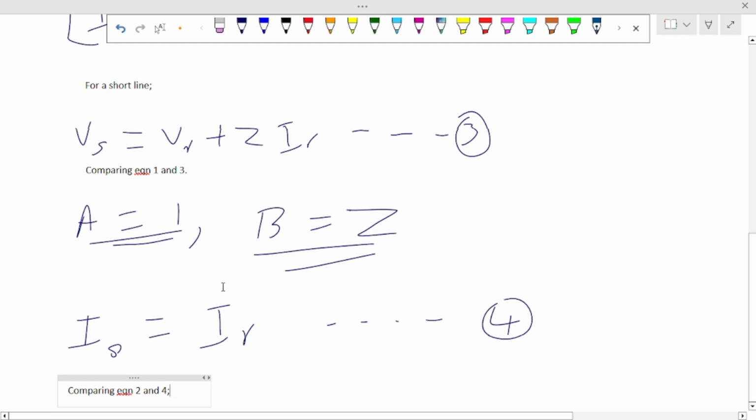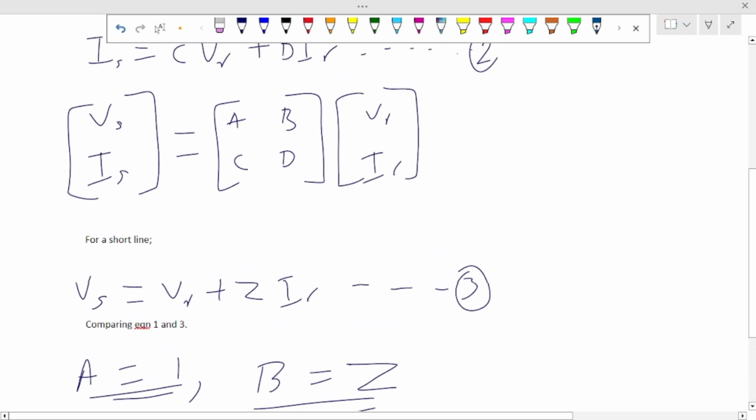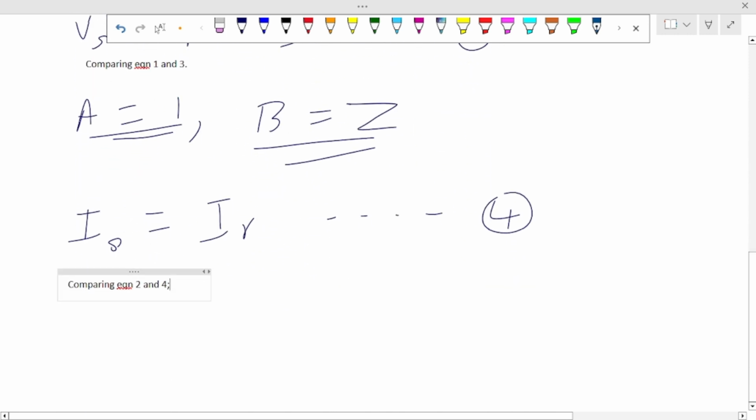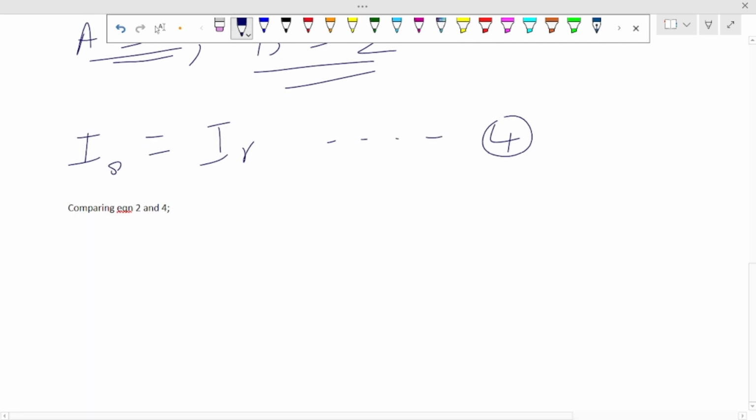In equation 2 we have VR and the coefficient is C, but in equation 4 we do not have VR at all. Since VR is not there, C is not the coefficient of anything, so C equals 0.